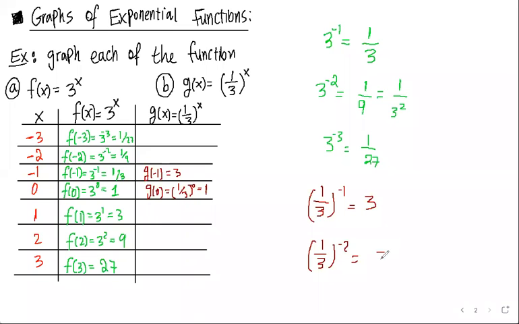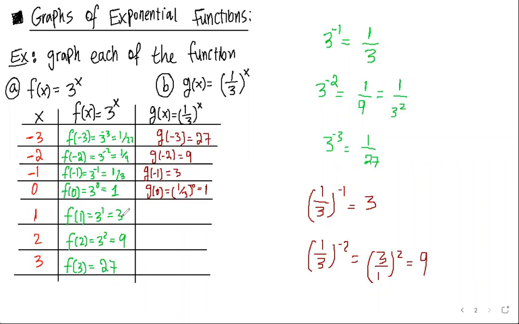So this is equal to 3/1 squared, and this is equal to 9. Exactly. So g of -2 is 9. The same thing for -3: g of -3 is 27.